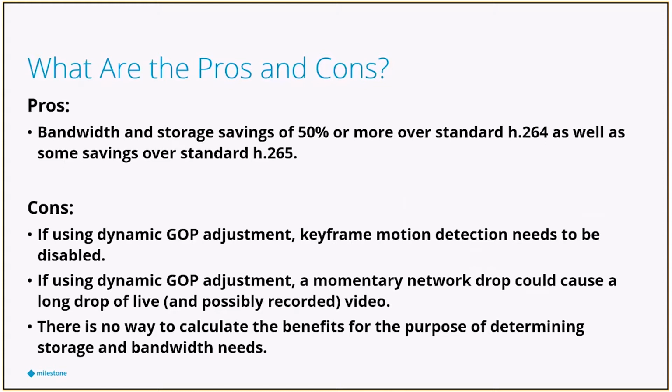And then you have someone like Axis who has all those options like off, low, medium, high, higher, extreme. Then Axis can also do the dynamic GOP, and you can set the maximum length you want that GOP to be. And Axis also does the dynamic frame rate adjustment, where you can go in and even set a low end frame rate. So there's so many variables involved that it's just not possible to calculate the benefits really.